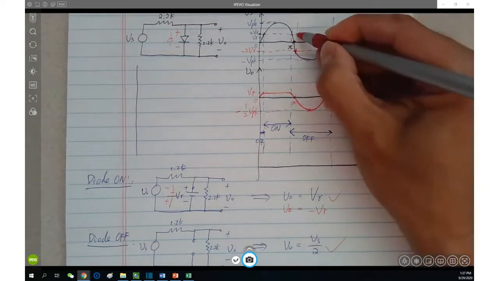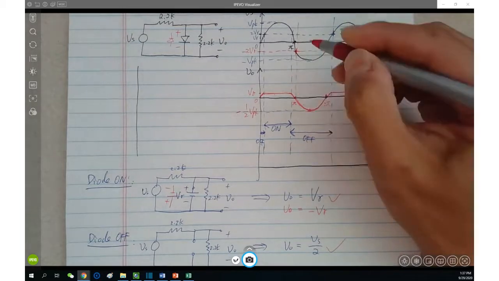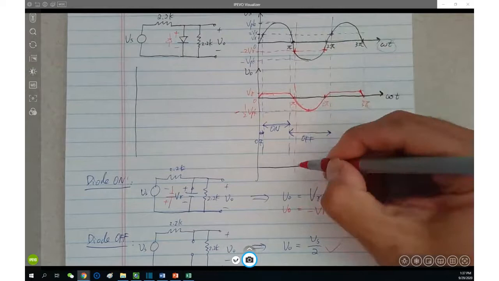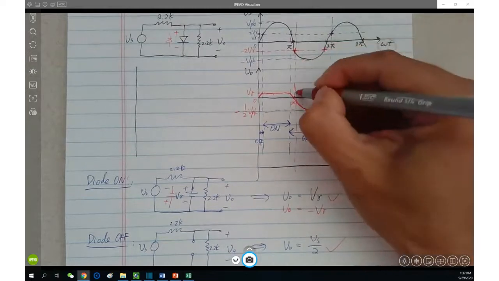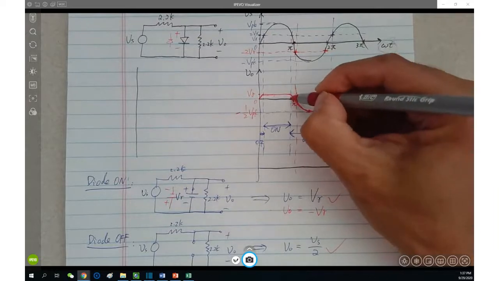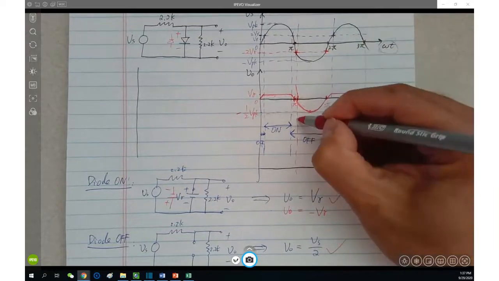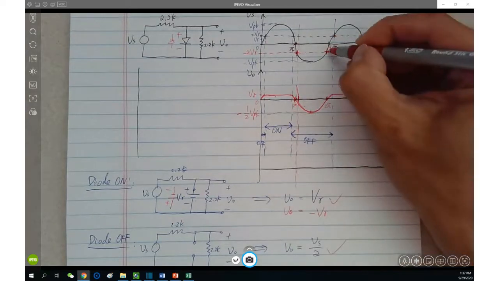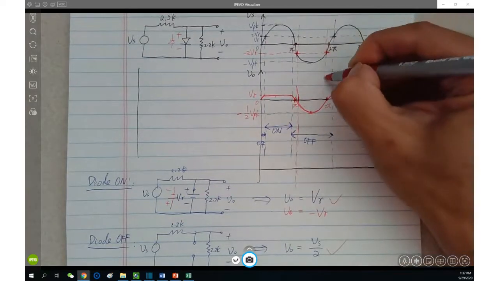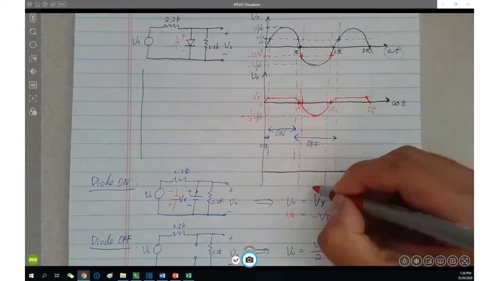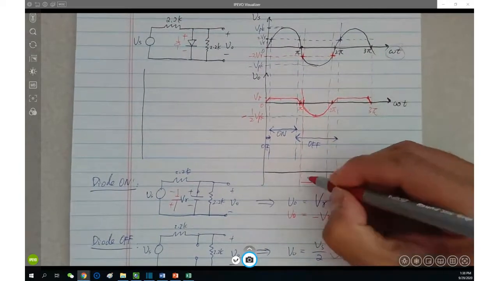So we're dividing the x-axis. I'm sorry, this shouldn't be a pi. The pi is in the middle between blue and red. Here, the diode is on.